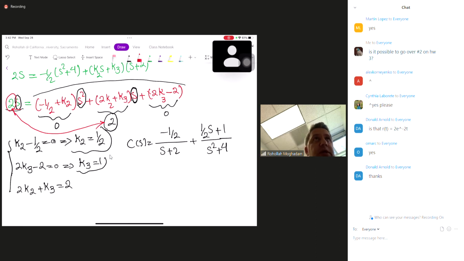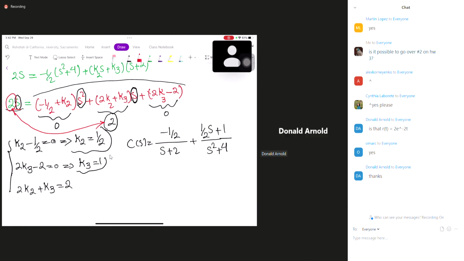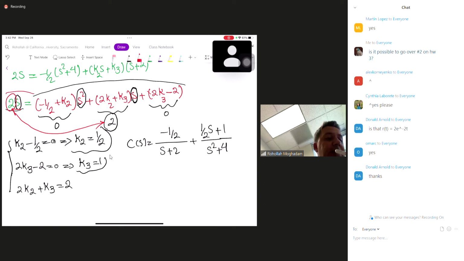Otherwise, they will not be equal. Got it. Thank you. So here I can actually write it as 0s squared plus 2s plus 0, right? And these coefficients are what we have over here. Does it make sense, Donald? Yep.